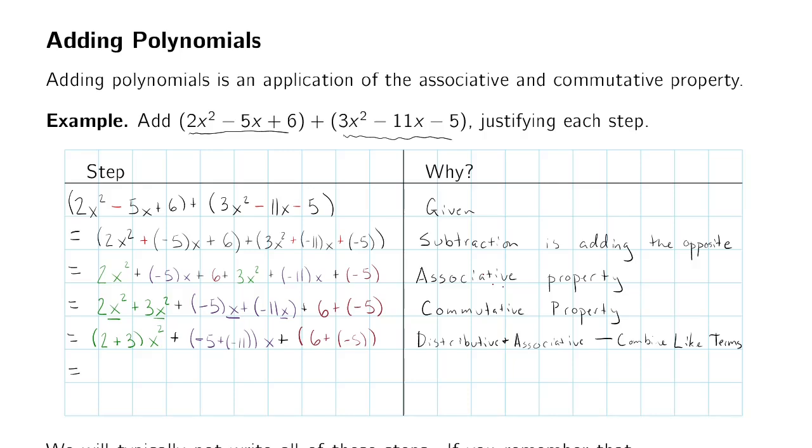And now, of course, we just do that addition in parentheses. So 2 plus 3 is 5. We have 5x squared. And then negative 11 plus negative 5 is negative 16. We have negative 16x. And finally, positive 6 plus negative 5 is 1.